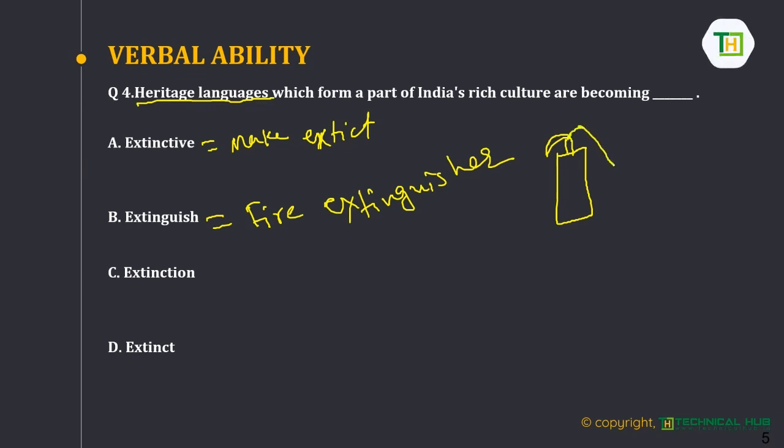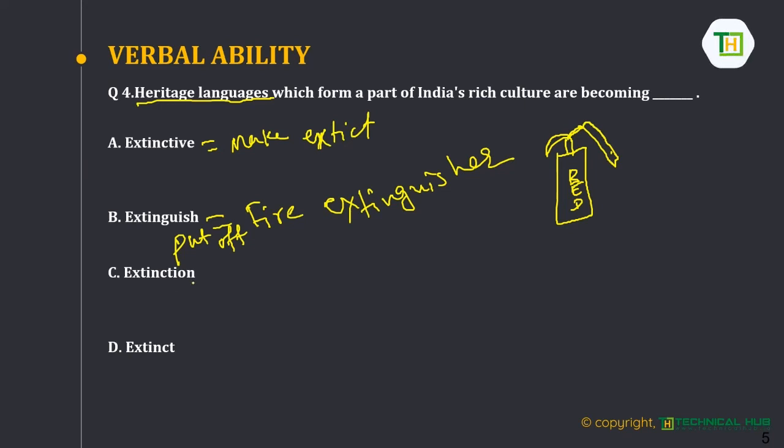The color would be red. You might have seen it in many places, hospitals and especially petrol bunks. Once you press the lever, the foam comes out and puts off the fire.